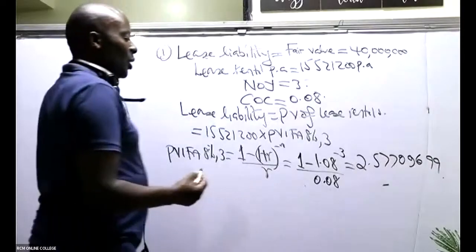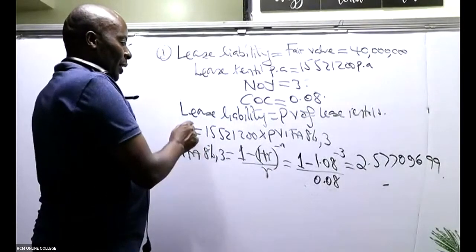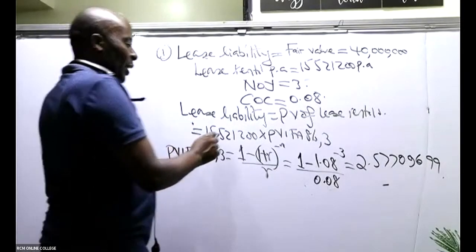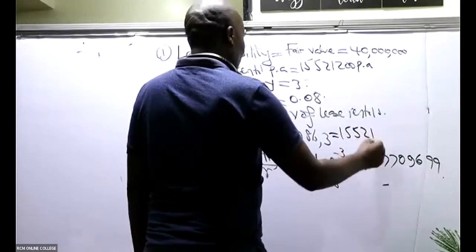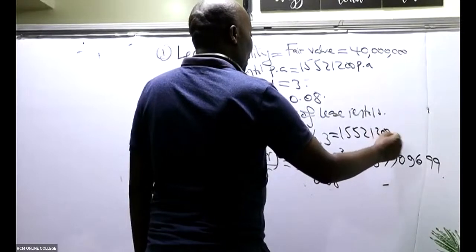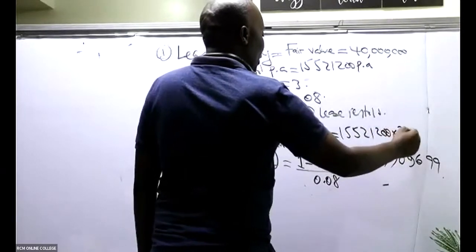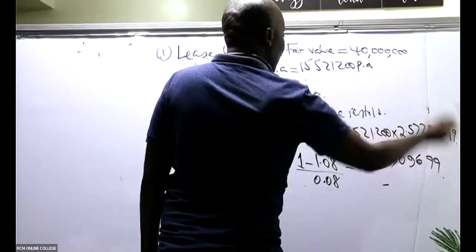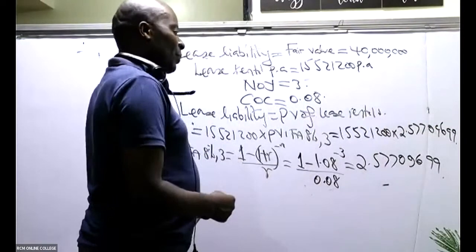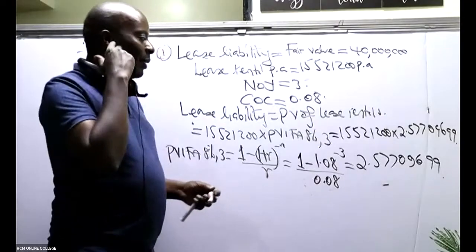Therefore, this lease liability will be the number that we have here, which is 15,521,200 times this ugly figure, 2.57709699. Is there somebody who is able to give me the lease liability?